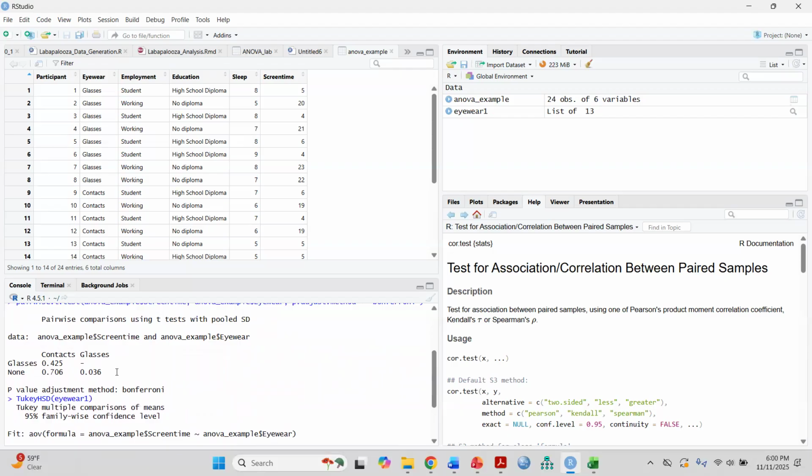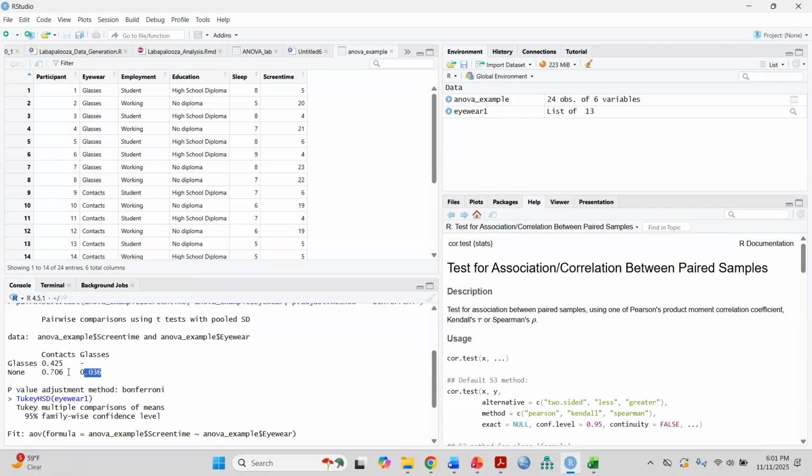And what that means is that it's less likely that we will accidentally make a type 1 error, because what you're doing here is you have three different pairwise t-tests. Every time you conduct a statistical analysis using an alpha level of 0.05, that introduces a 5% chance that you're making a type 1 error.